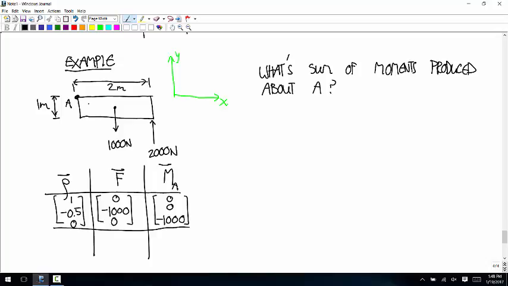Then the second one, the row vector for that 2,000 Newton force. From A, you have to go in the positive x direction 2, in the negative y direction 1, nothing in z. The force vector is 0, positive 2,000, 0. And the cross product is 0, 0, 4,000.